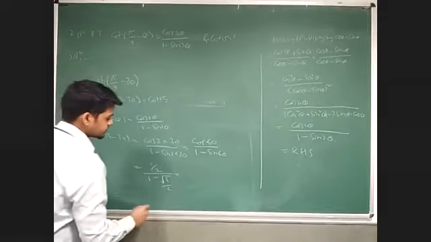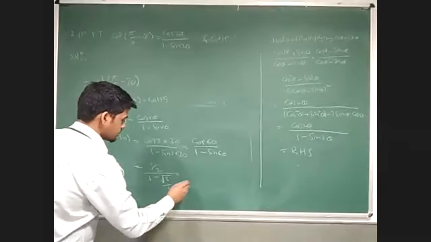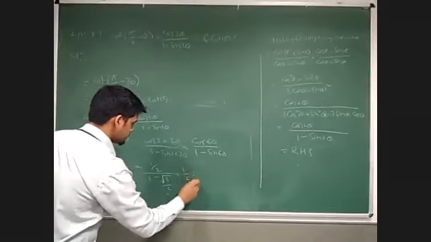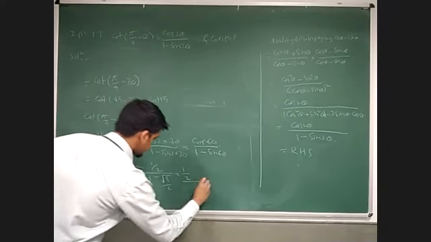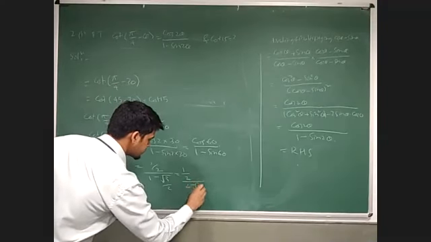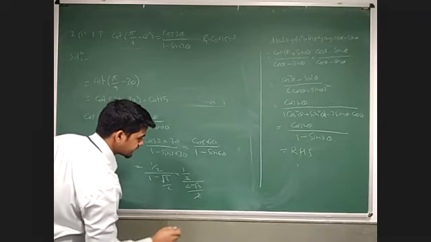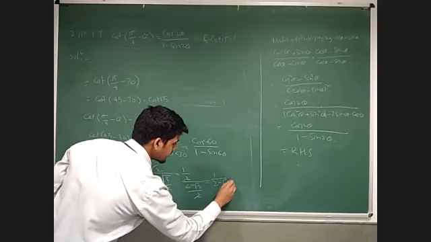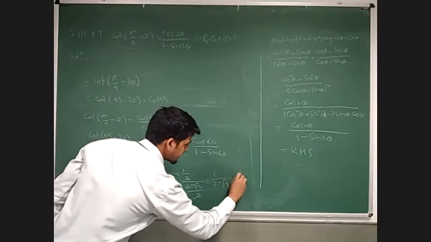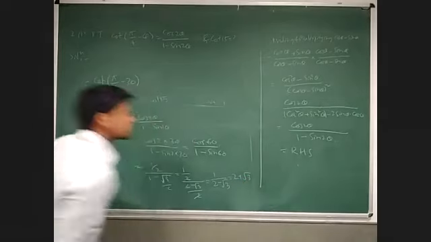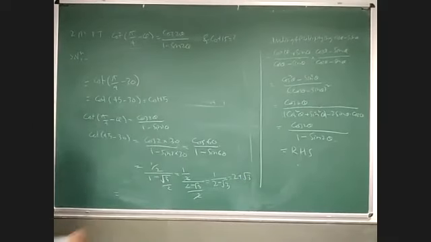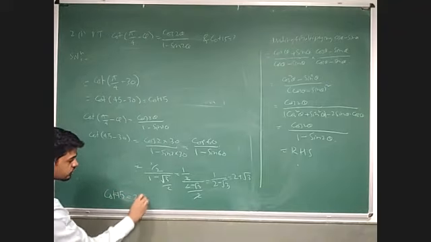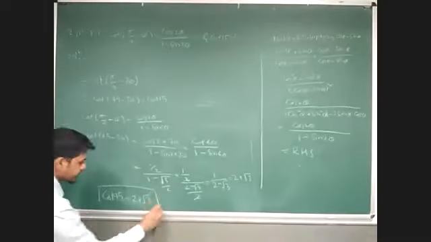So it is 1/2 over (2 minus root 3)/2, the 2 cancels, giving 1 over (2 minus root 3), and taking the reciprocal form we get 2 plus root 3. So the answer of cot 15 is 2 plus root 3.